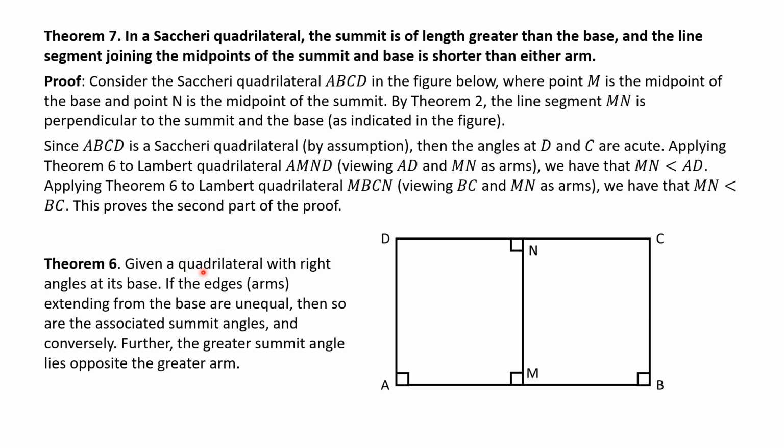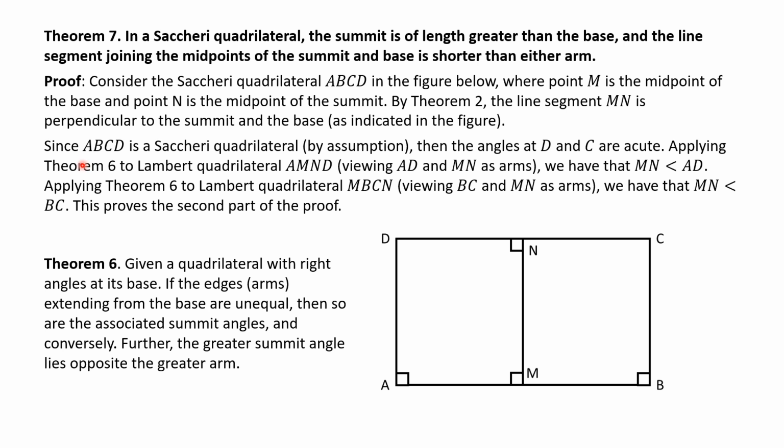And from our theorem 6, we have that the greater summit angle lies opposite the greater arm. So this is the greater summit angle than the one at D. Again, we're just looking at this Lambert quadrilateral. So that means that AD is bigger than MN, or as I've written it here, MN is less than AD, same thing.